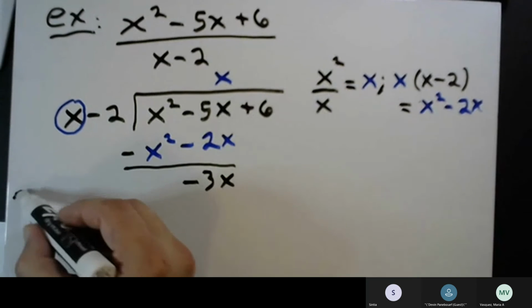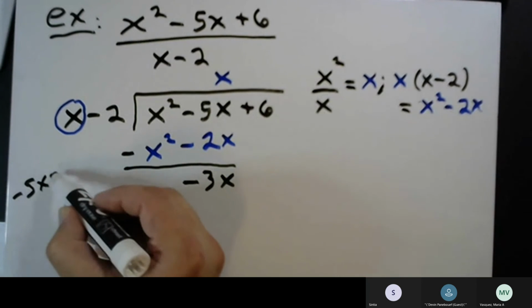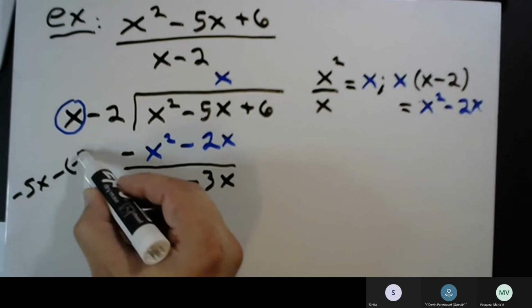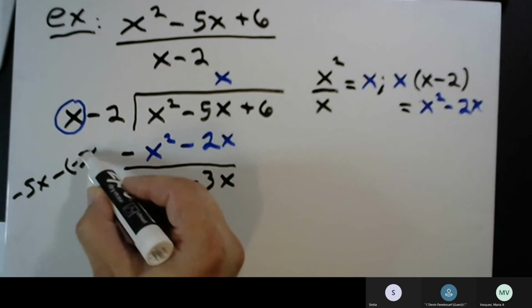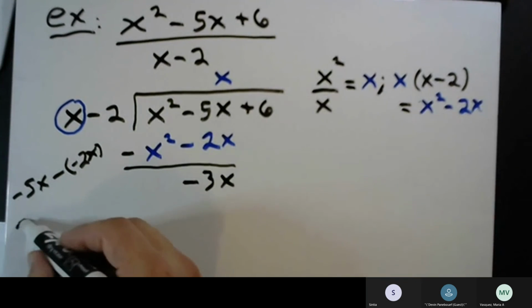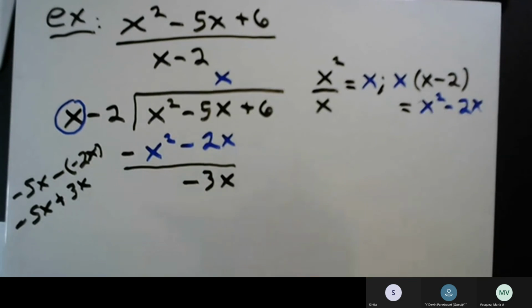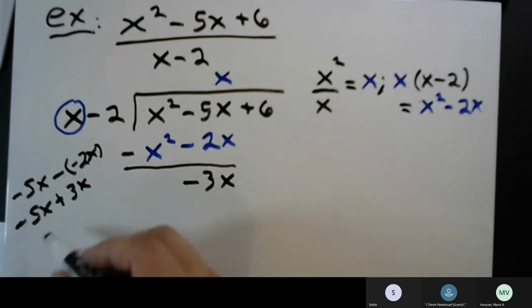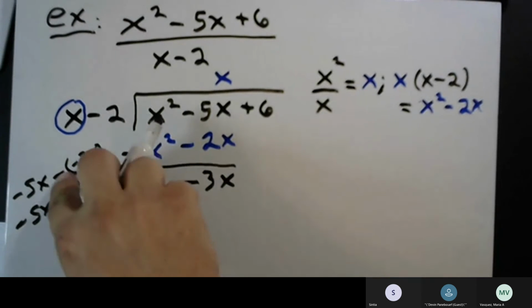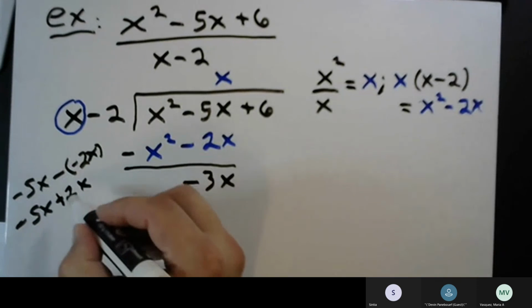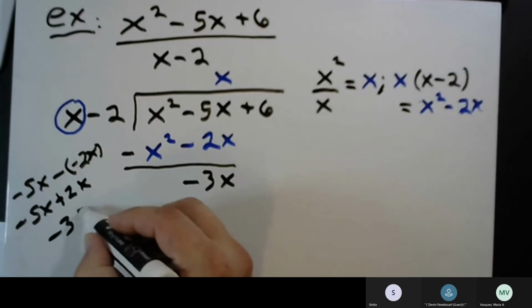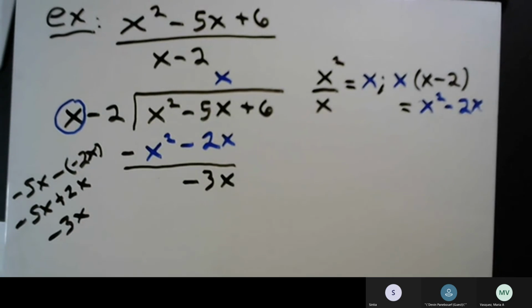What you're getting is negative 5x minus negative 2x, and that becomes negative 5x plus 2x. So you have to be careful of that. And that's negative 3x. You work that off to the side.